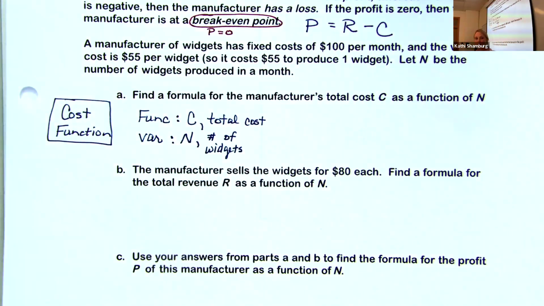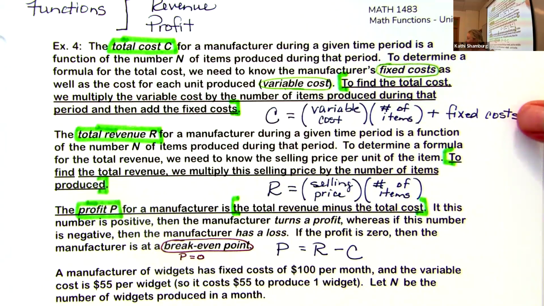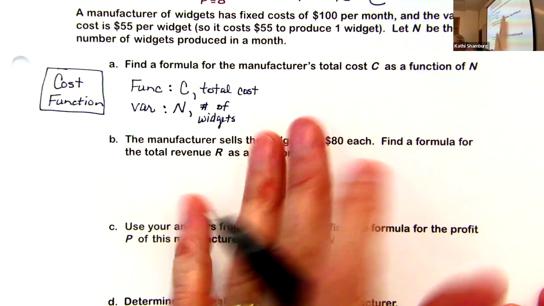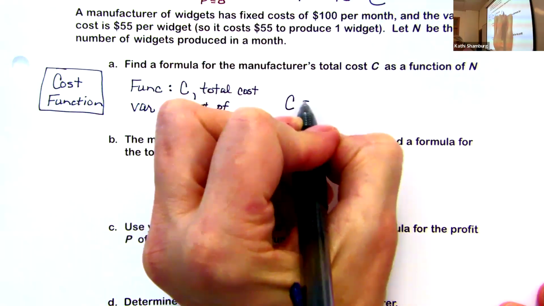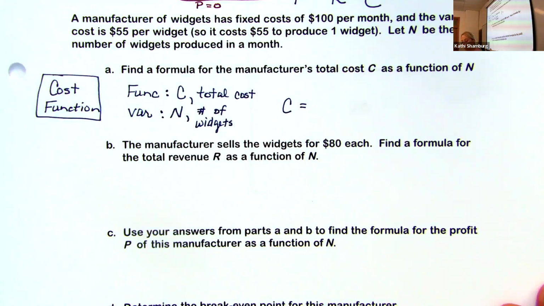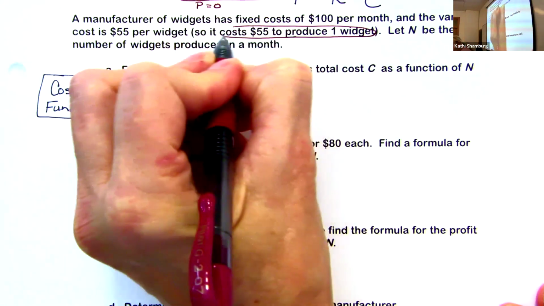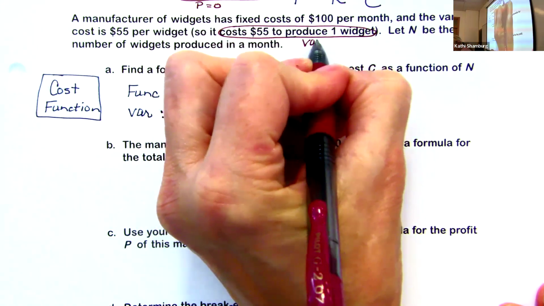Okay. All right. So now look up above where we wrote out how to write the cost function. We're going to follow these steps right here. So our cost function is the variable cost. What is my variable cost? This right here is your variable cost.